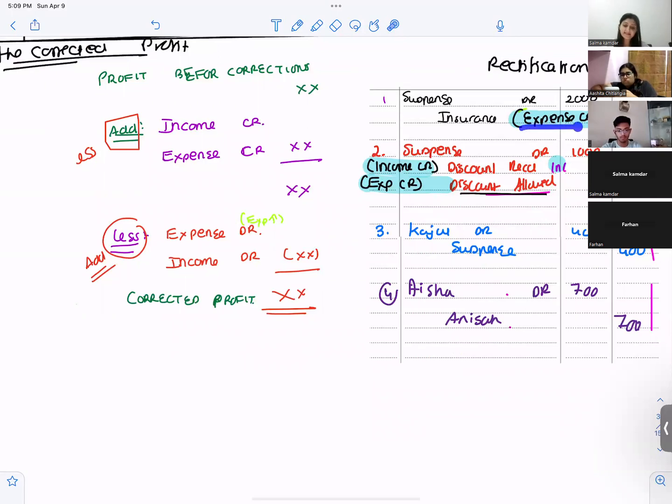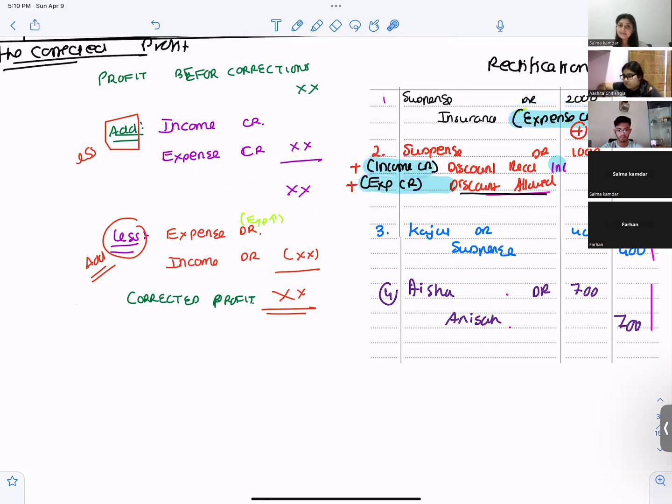So can you see over here? This is expense credit. So this will be added. Again, expense credit. So this will be added. Income credit, added. So anywhere where there is expense credit, income credit, you will add it.